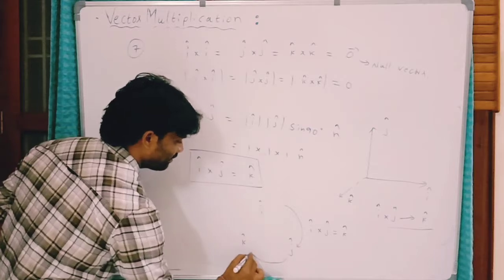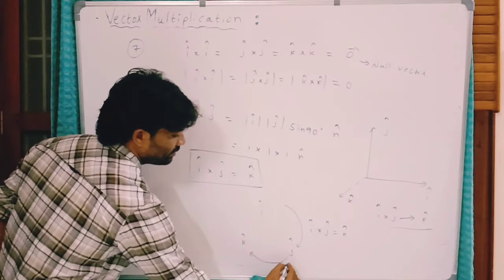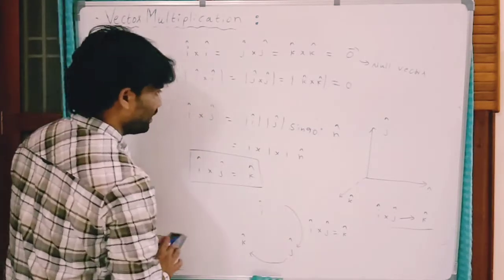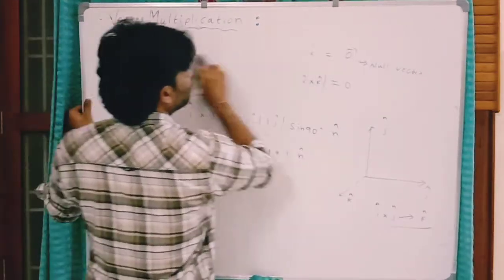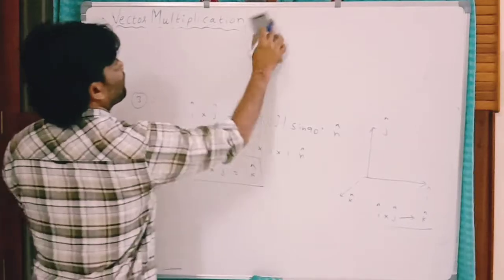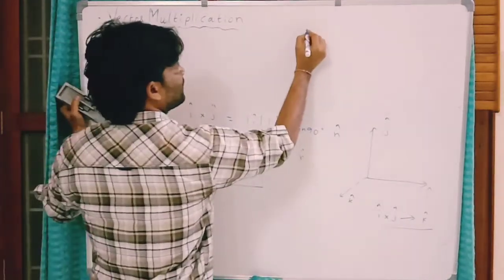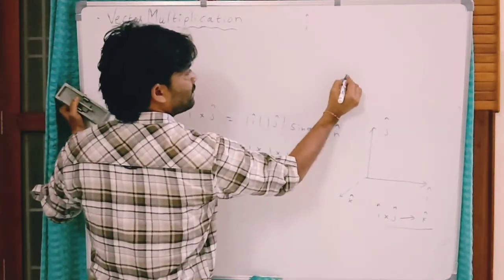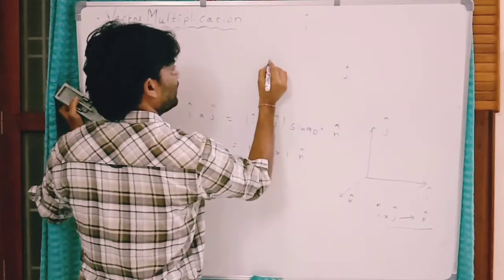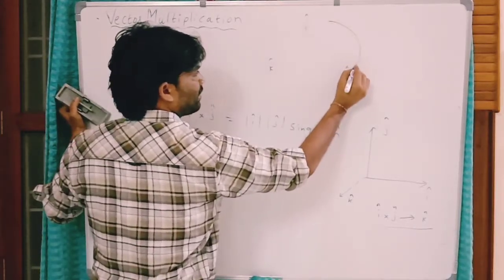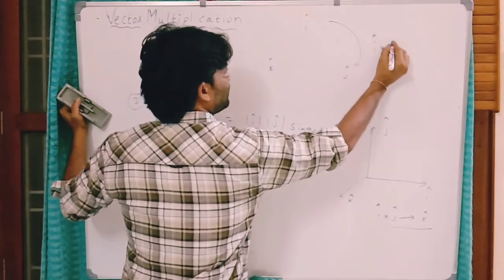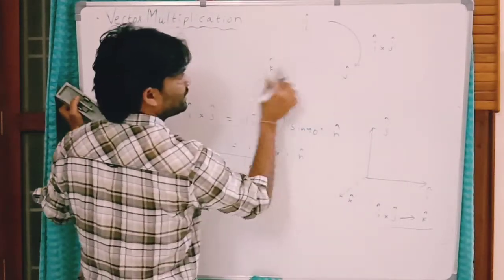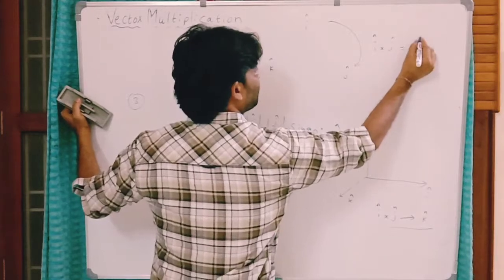I'll write this cycle here at the top. You can see here, this is I cap, this is j and k cap. The cross product of I cap cross j cap is this, k cap.